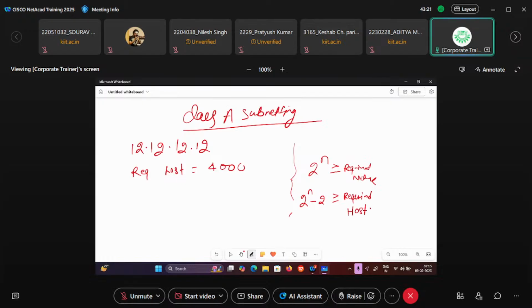I have checked that they have updated it. Previously they used 2 to the power n minus 2, but from the end of last year they have updated it, and Attack had also updated this formula. So you can use this formula, that's not a problem. For the network, you can use 2 to the power n greater than or equal to the required number of networks, but for the host, 2 to the power n minus 2 you have to use.